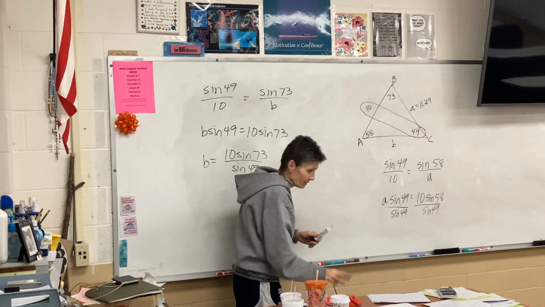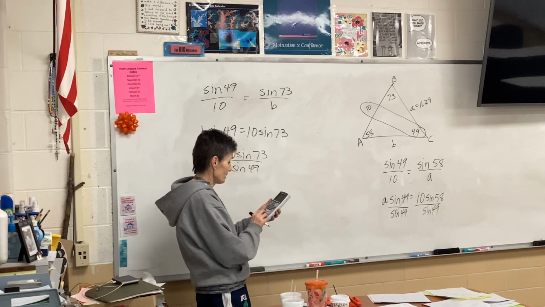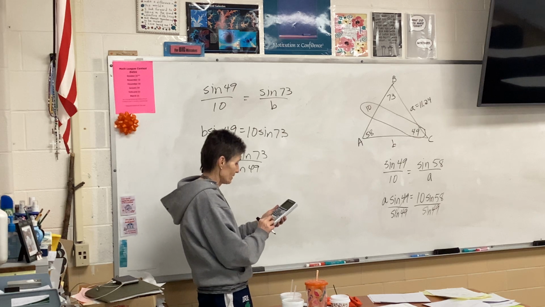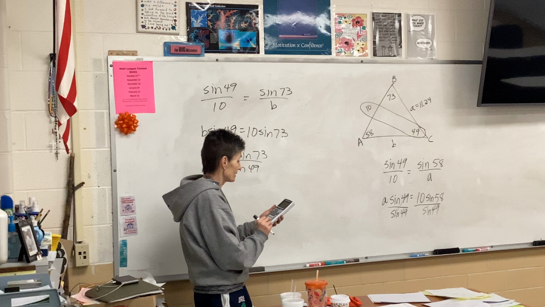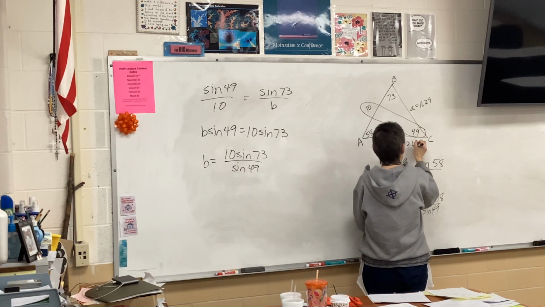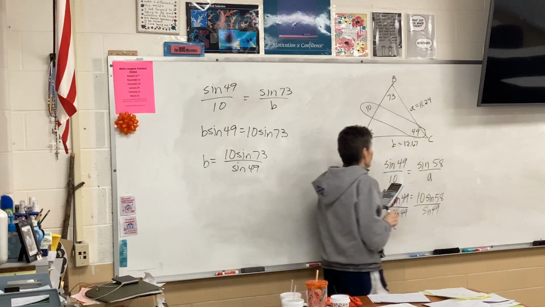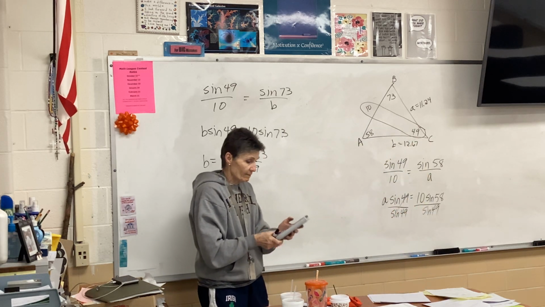And that will be my answer. So 10 sine 73 divided by sine 49. So 12.67 is what I got for side b, 12.67.